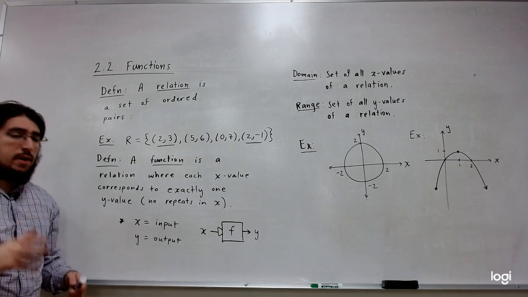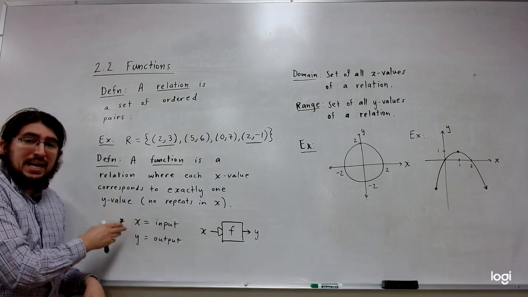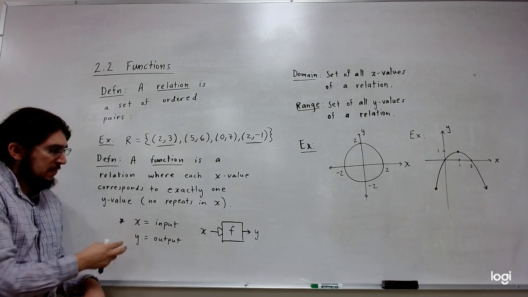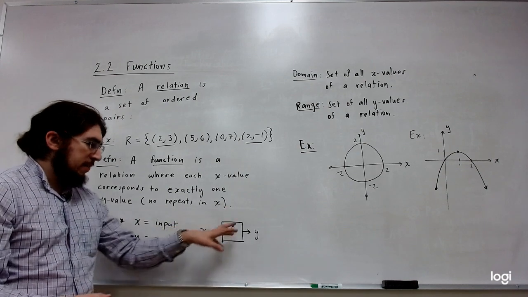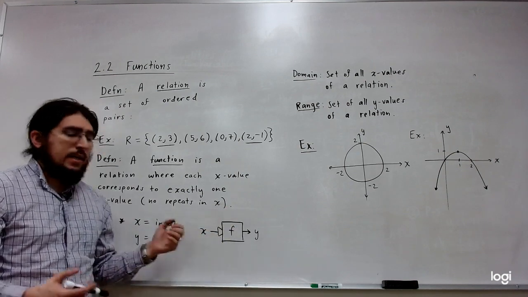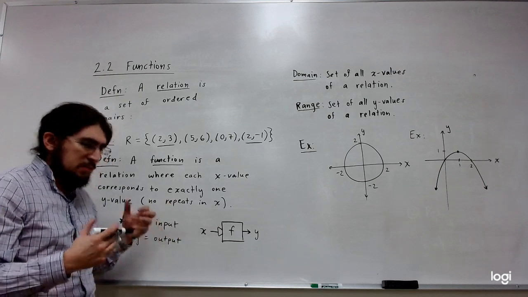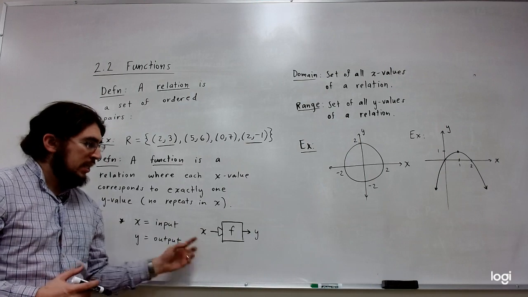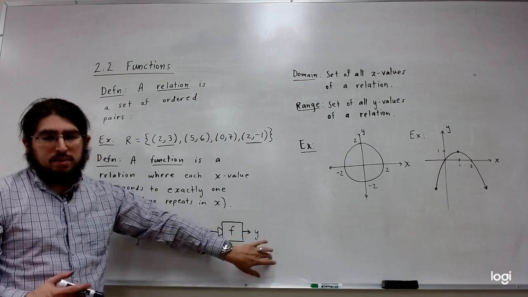Okay. Very often, by the way, we call x values inputs of the function and y values outputs of the function. A really nice diagram here, I think, to help you remember what's going on, is that a function is treated like a mathematical machine where you plug in x values, so those are your inputs, and you get back y values, your outputs.